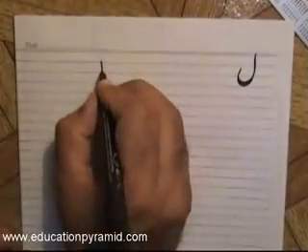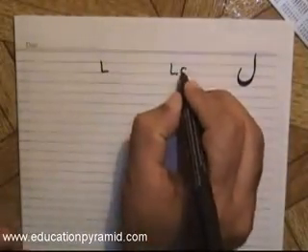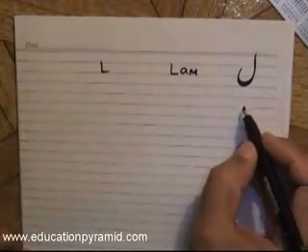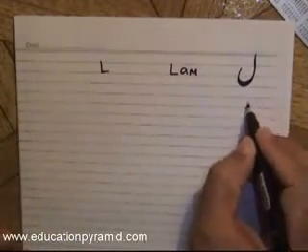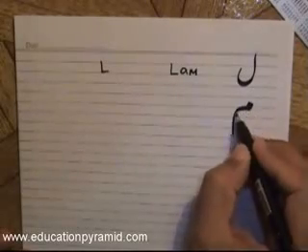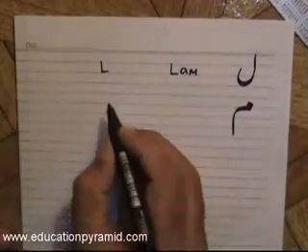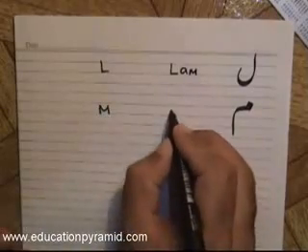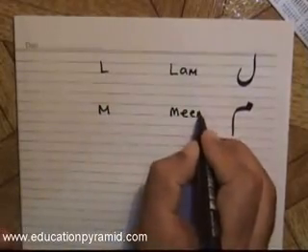Then we have Lam. This is Lam, L. Then we have Meme. Meme is like this. M sound, like meme.